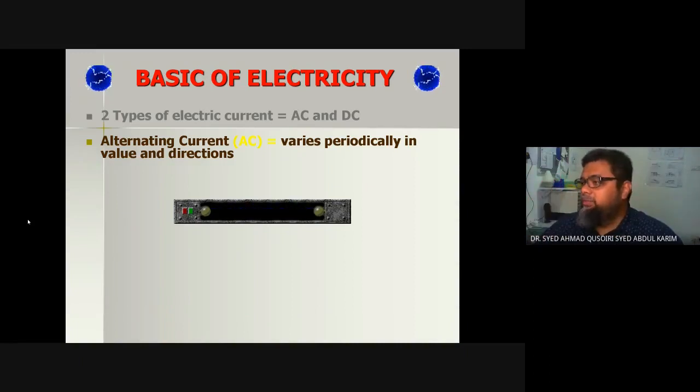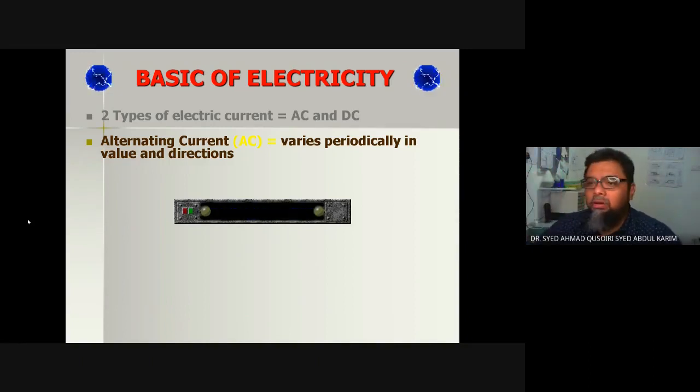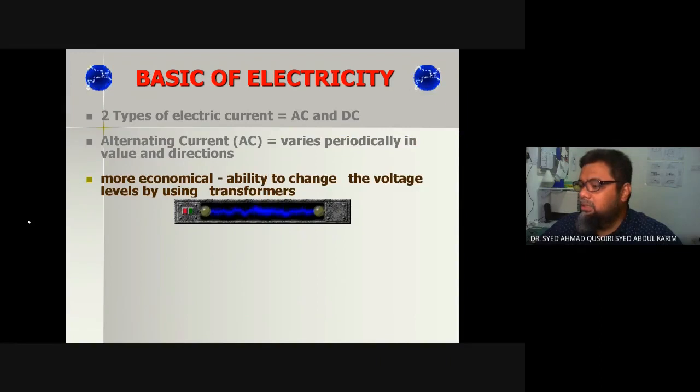Alternating current varies periodically in value and direction. Of course, it changes values, and also in terms of its direction. It is more economical, with the ability to change the voltage levels by using transformers. Again, this transformer is a device that you use to change the voltage of the alternating current.